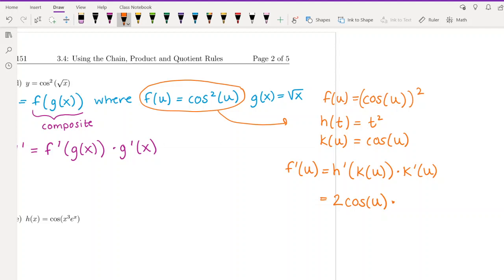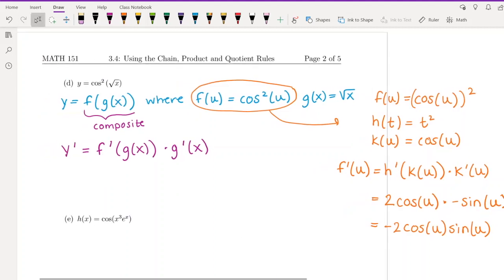The inside function in this case is cosine of u, and so the derivative would be negative sine of u. Okay, so altogether, the chain rule applied to cosine squared of u gives negative 2 cosine of u times sine of u. So that's f prime of u.